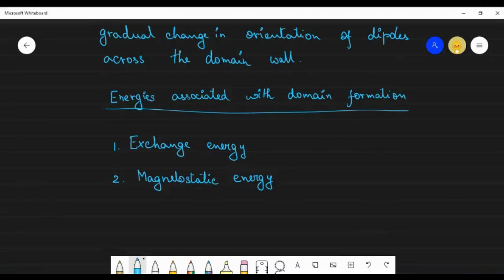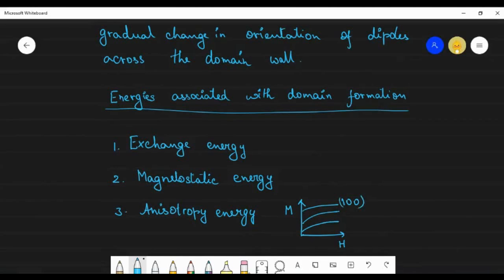The magnetostatic energy is high when the alignment increases. It is high at the surfaces. Anisotropy energy. Energy required for magnetizing a specimen is found to be different along different planes.